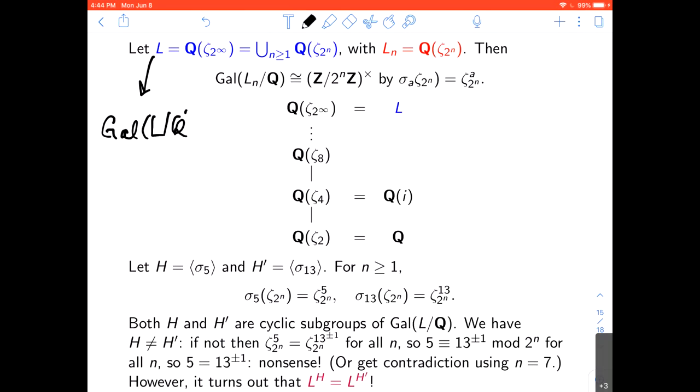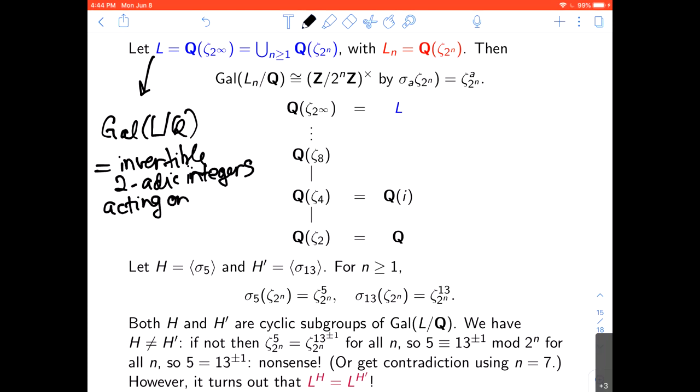This group basically looks like invertible 2-adic integers acting on the 2-power roots of unity as exponents. I showed you an example of that before with raising i to a 2-adic integer, raising -1 to a 2-adic integer, a 2-adic unit.